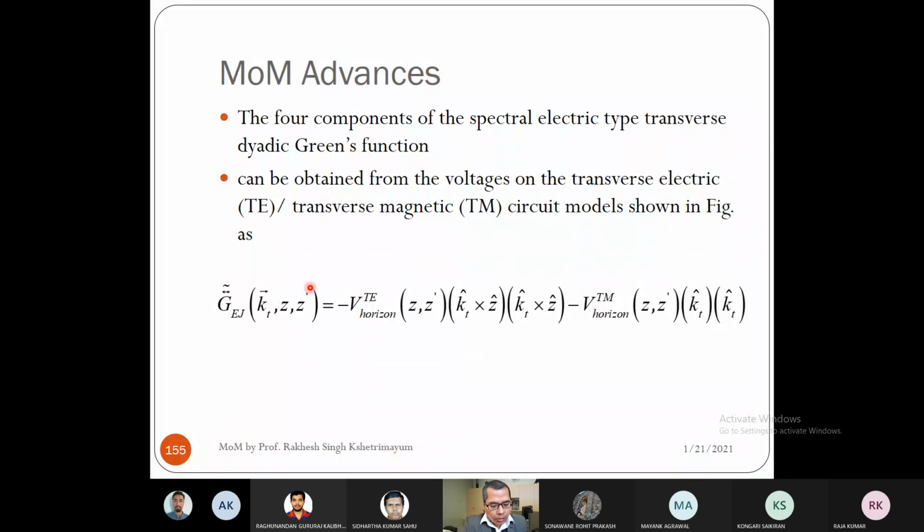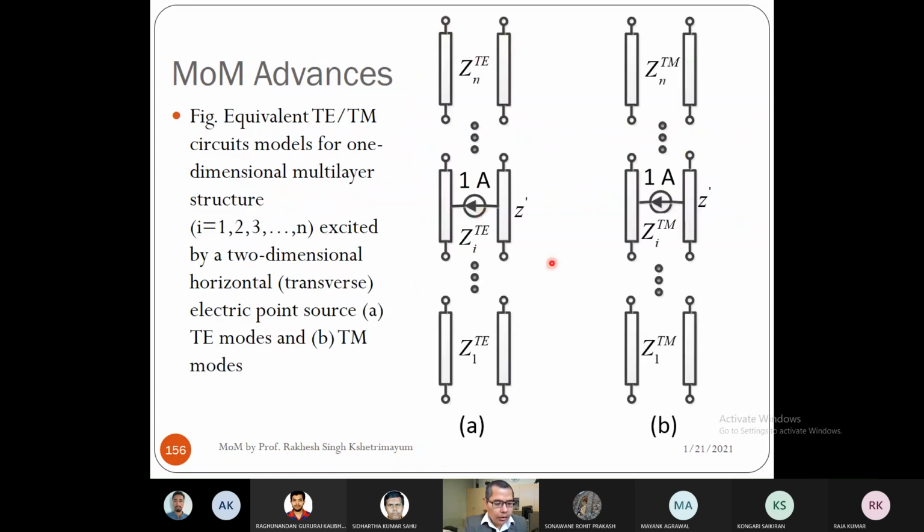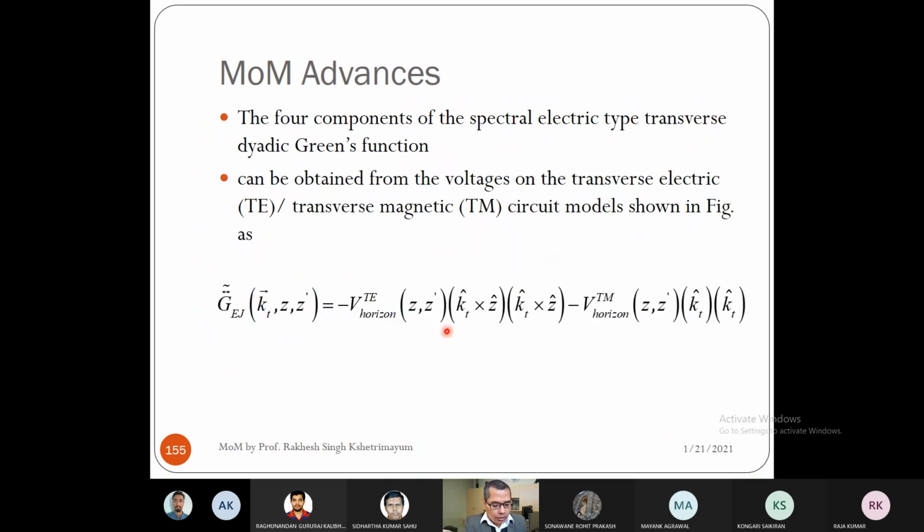We are considering only four components of the Green's function, Gxx, Gxy, Gyx, and Gyy, because we have neglected the thickness of the metal. How to find this, I will discuss later on. This has been derived in that classic paper I've told you about. If you want, I can give it to you. So just find the voltage along the transmission line for the TE case and TM case, then that's all. From this equivalent circuit, you find the voltage for the TE case and TM case, then you can find the Green's function. That's very easy.